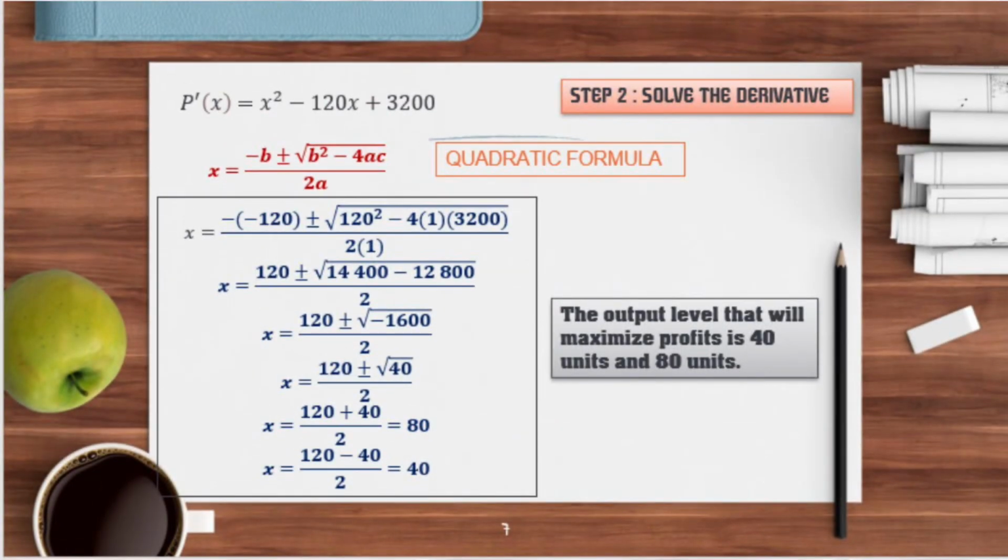Further, step 2, solve the derivative. To solve it, we have many formulas that can be used, such as factoring and quadratic. I chose to use the quadratic formula like in the slide, and after doing the calculation, the output levels that will maximize profit are 40 and 80 units.